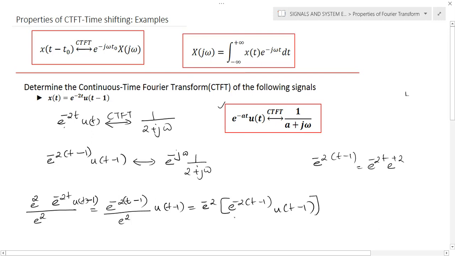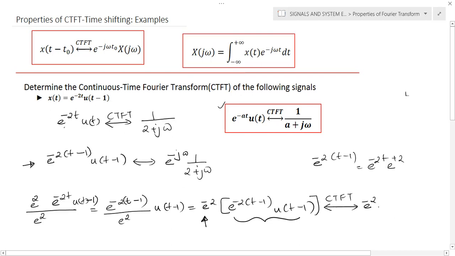So we know the Fourier transform of the signal e raised to minus 2 into t minus 1 into u of t minus 1. By applying the time shifting property, we already found the result. For the continuous time Fourier transform of this signal, you can see a constant e raised to minus 2. By using the linearity property, we know that the constant can be multiplied directly.